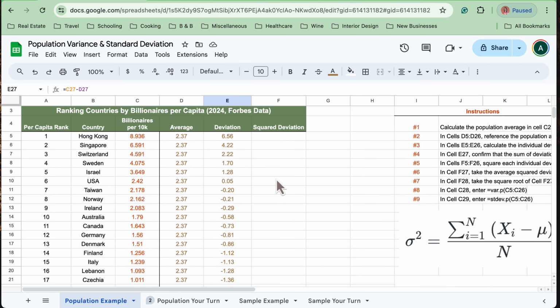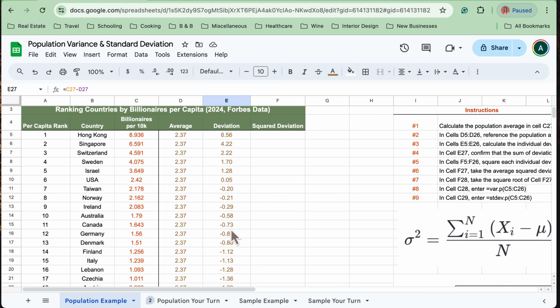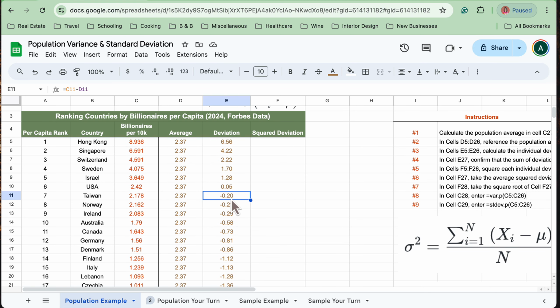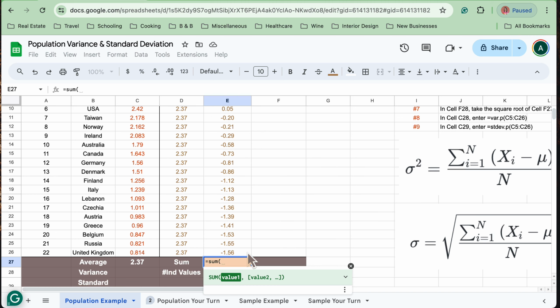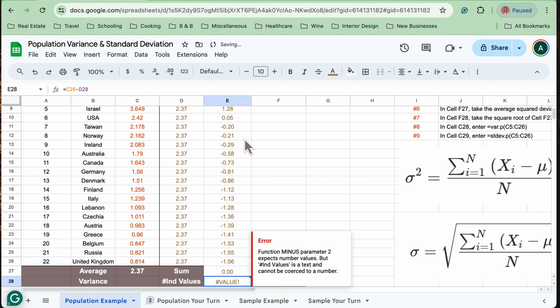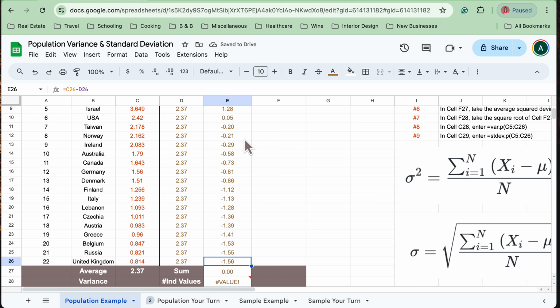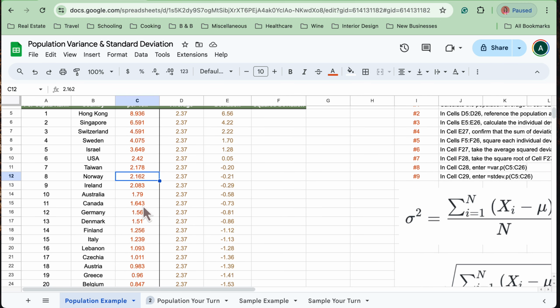But one thing that's kind of interesting is what would happen if we summed up all of these deviations. It looks like some of them are positive and some of them are negative. What happens? Hopefully you can guess. Because we are subtracting the mean from every data point, the mean just does its job so well, and we're going to find that every single time, no matter how much variation we have in our underlying data, and there's clearly variation here, right?